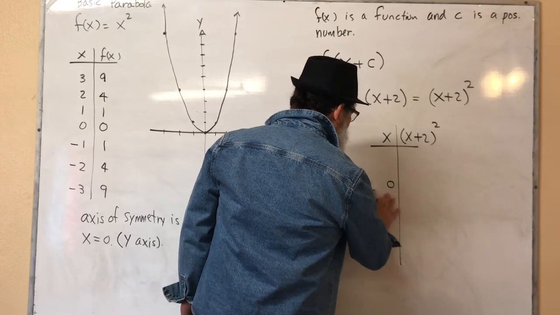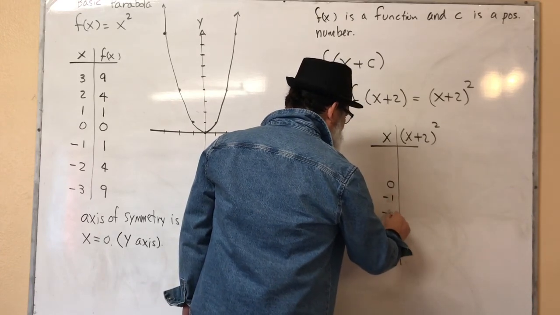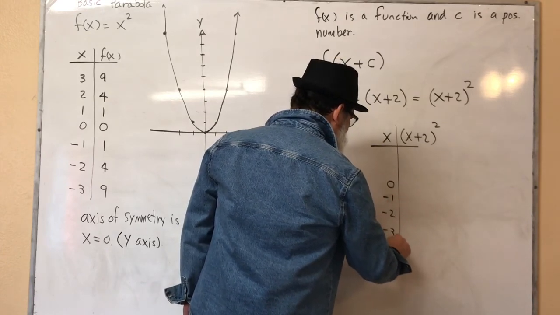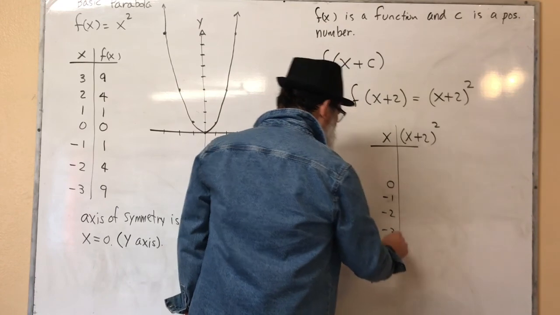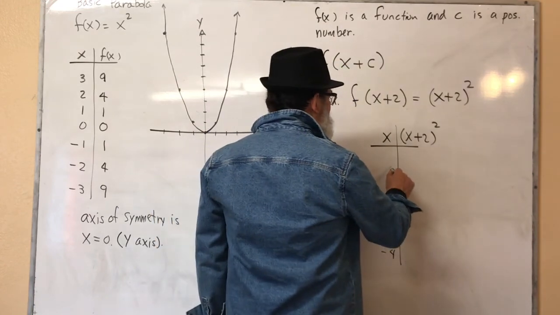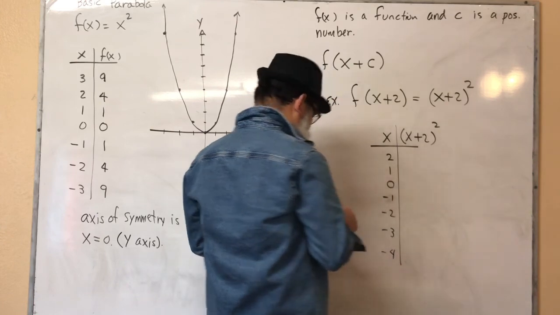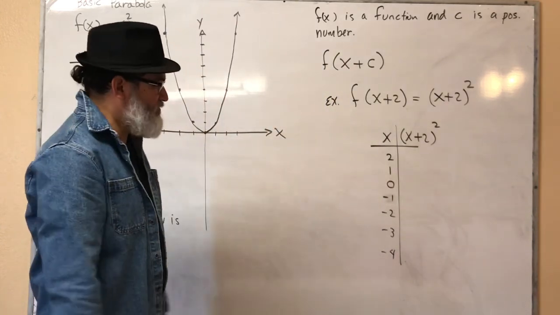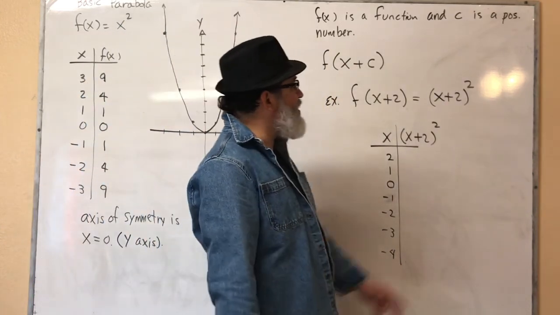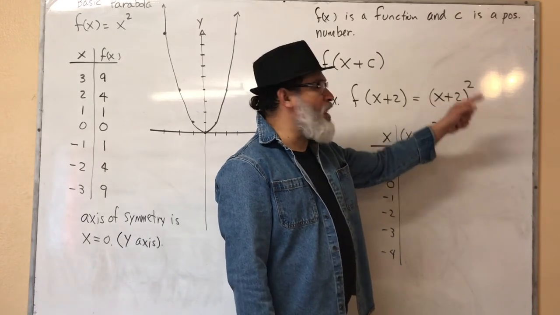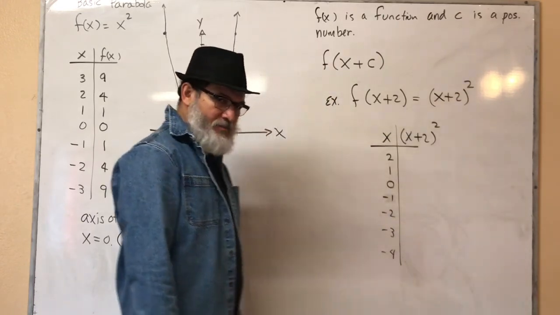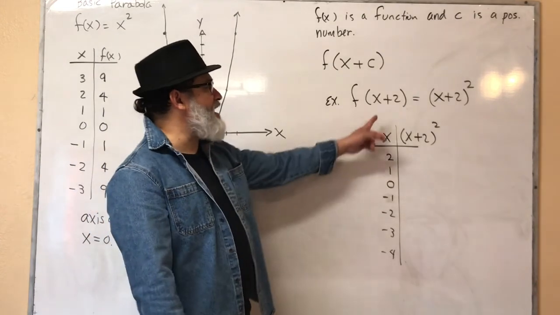Let x be -1, -2, -3, -4. Watch what happens. Let x be 1 there, let x be 2. Watch. I am graphing x plus 2 quantity squared, okay? Which is represented by this.